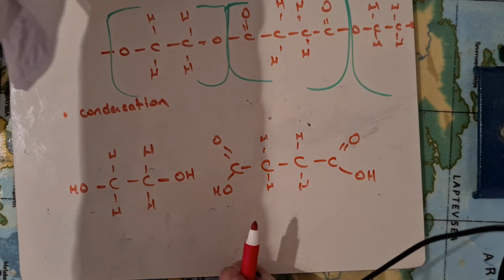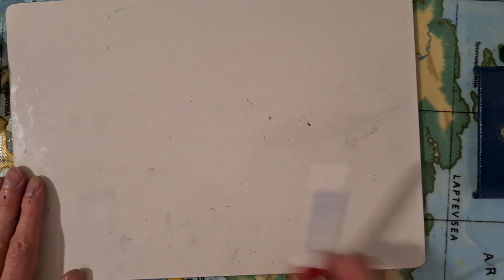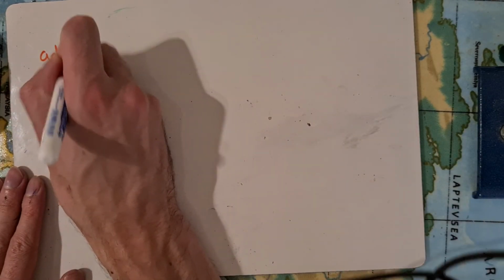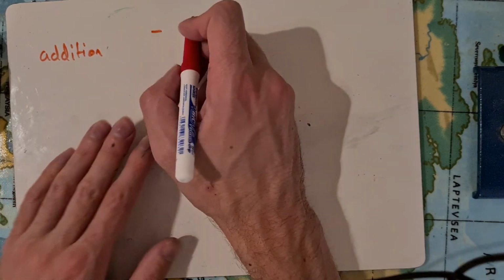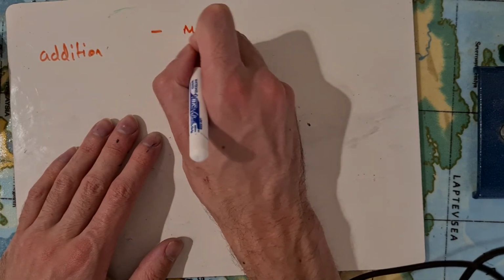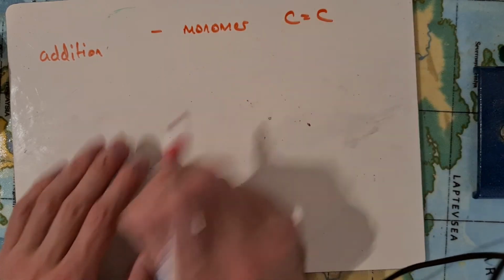So if we compare the characteristics of the types, we've got addition. Addition polymers have a monomer with a carbon-carbon double bond.